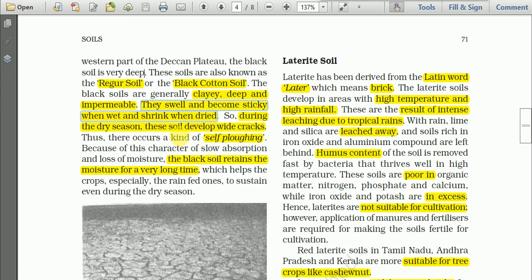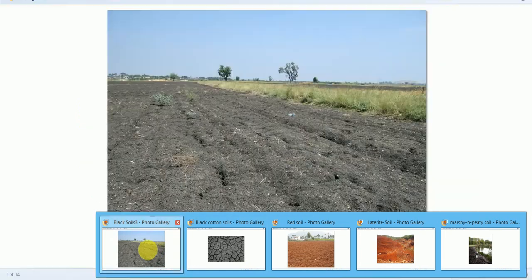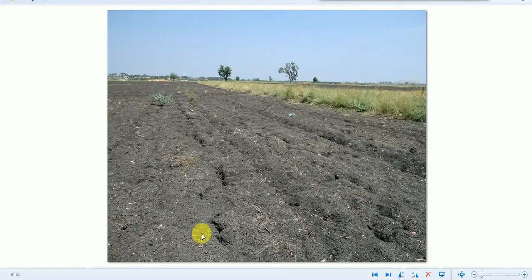So during the dry season, these soils develop wide cracks, and thus there occurs a kind of self-ploughing. Remember, this is a photograph showing black soils.